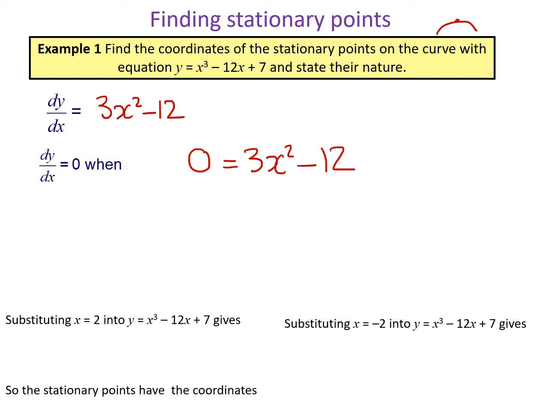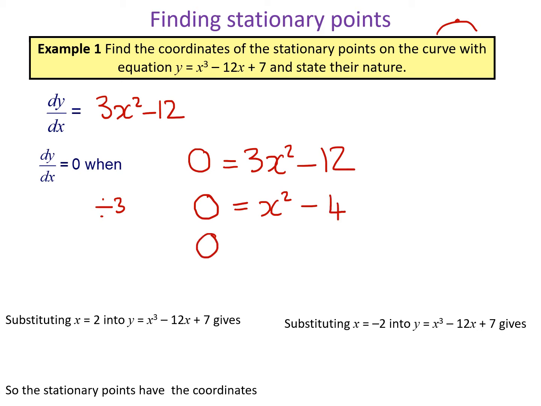We might want to factorise out 3 or divide through by 3. In fact, let's divide through by 3 and get rid of it. So 0 divided by 3 is 0. That becomes x squared and that becomes minus 4.